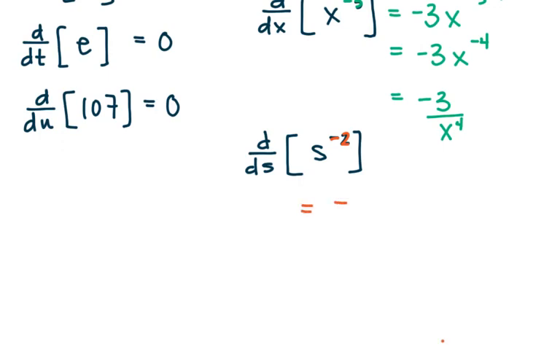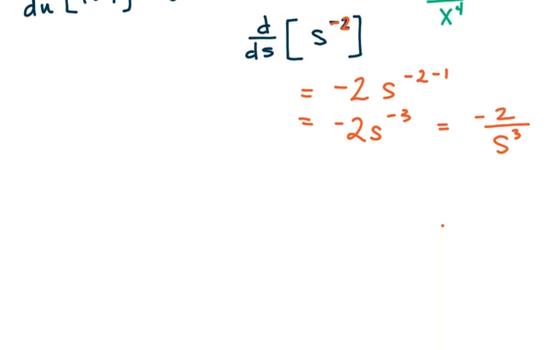That's going to become negative 2 s to the negative 2 minus 1, or negative 2 s to the negative 3. That's also equal to negative 2 over s cubed. So those last two terms are exactly the same. Let's just look at one more here.